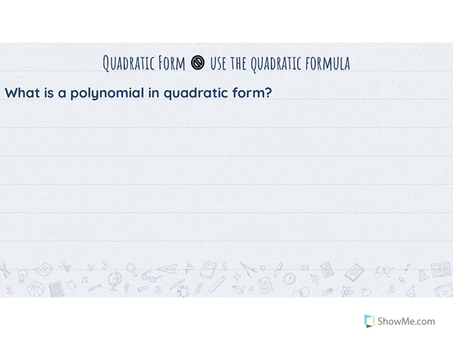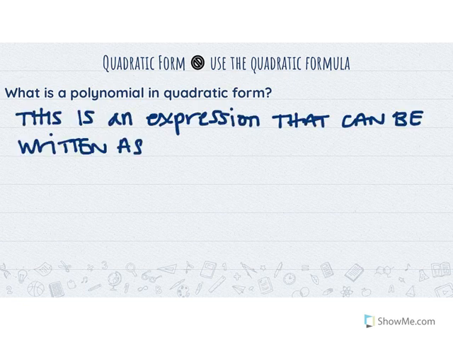This is an expression that can be written as, this is going to sound a little funny, A u squared plus B u plus C. So it's almost like our standard form, but now we have u's instead of the x's.